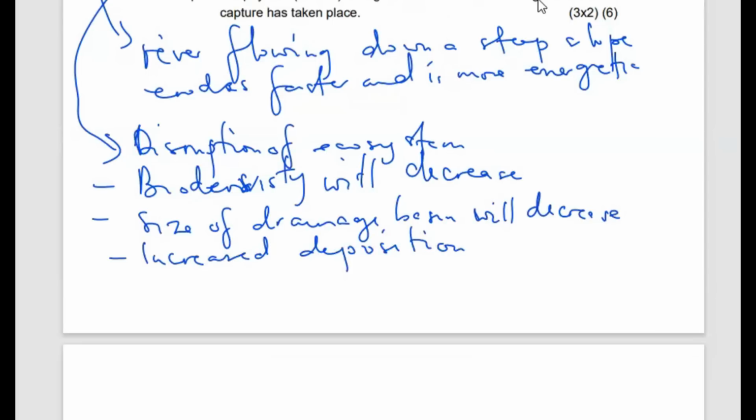There will be increased deposition in the stream, on the banks of the river. The aesthetic beauty of the landscape will diminish.